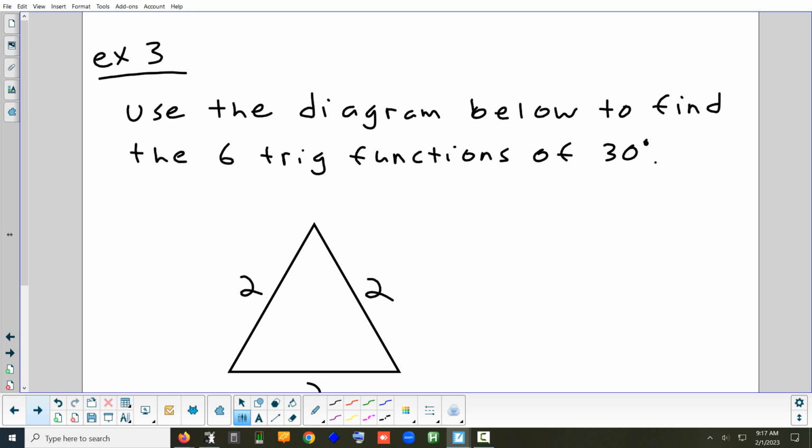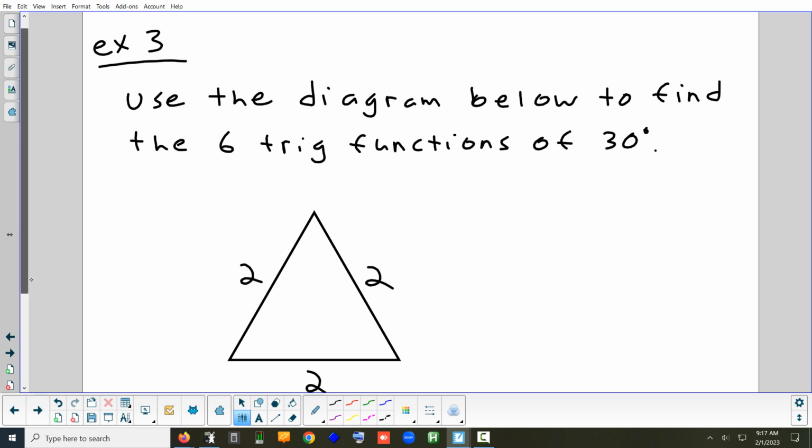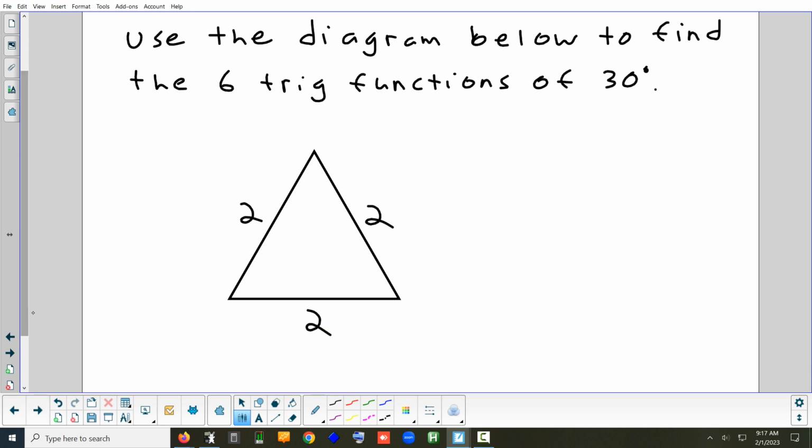If it's a right triangle with a 30, what other angle is it going to automatically have in it? Yep, it's going to have a 60. So what we're going to try to do here is draw a 30, 60, 90 right triangle.